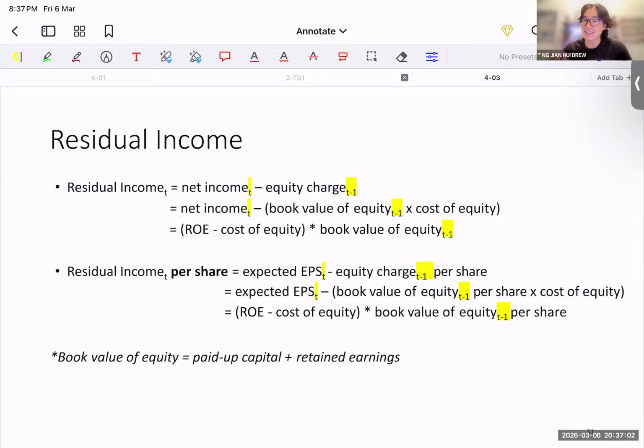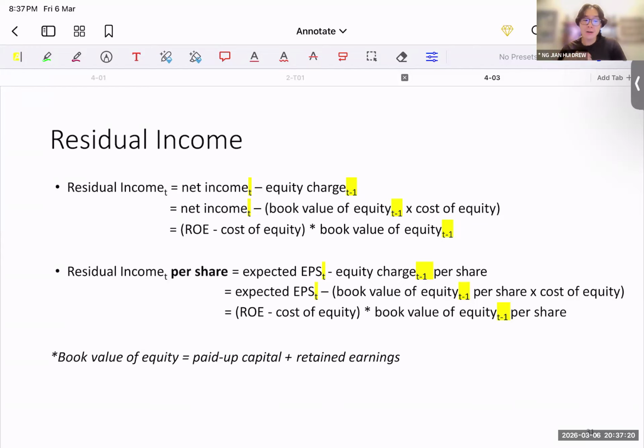You're right, I like the answer. The net income that you generate will be from the amount of equity that you invested at the start of the period. You're right, because of the beginning capital.